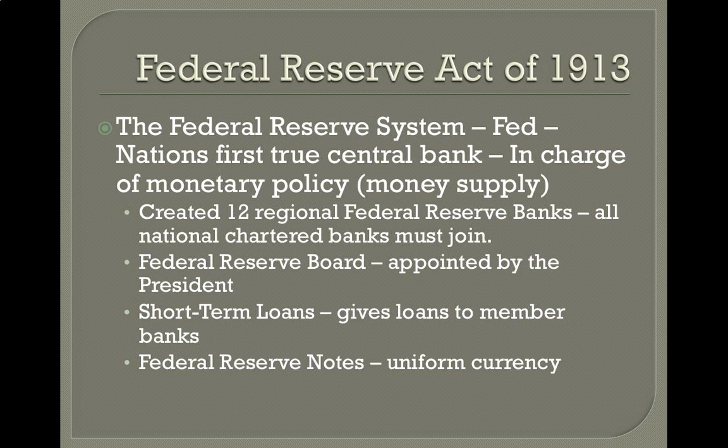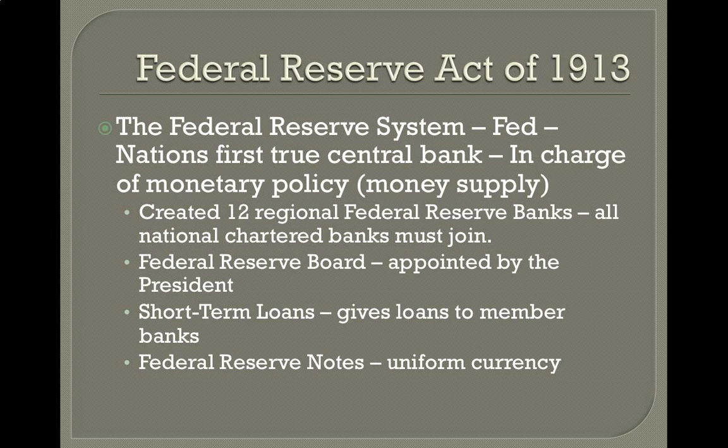In 1913, we get the Federal Reserve Act. And what the Federal Reserve System is, it's also known as the Fed, and it really is the nation's first true central bank, and it becomes in charge of monetary policy, which is basically the supply of money. A couple things that it did: it created 12 regional Federal Reserve banks, and all banks that had a national charter had to join.